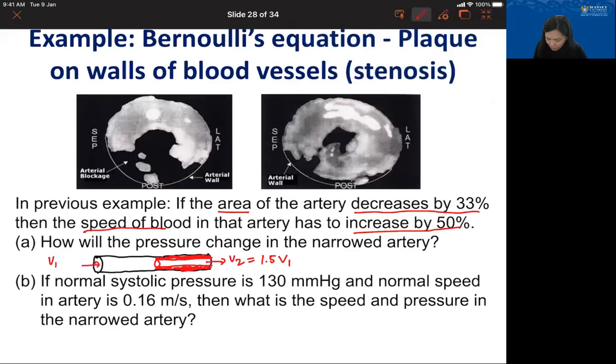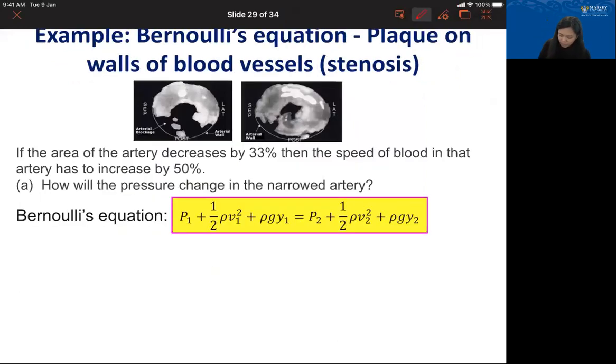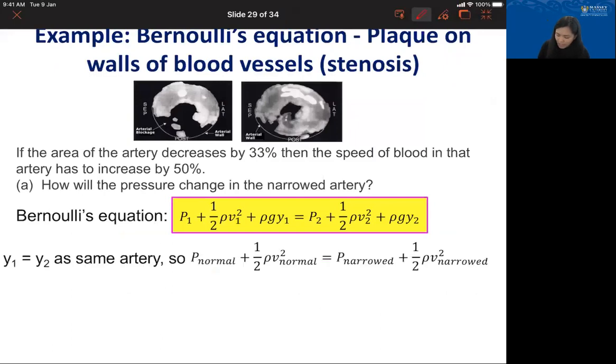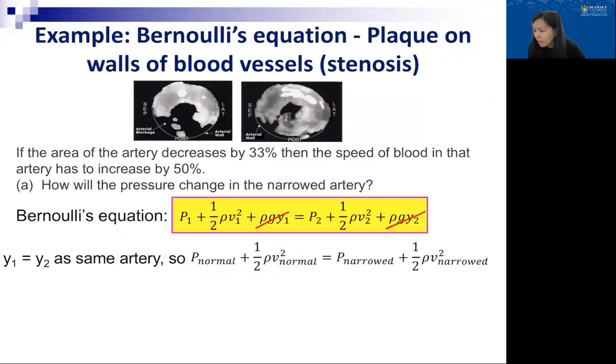Right? Let's look at Bernoulli's equation. It's the whole thing there, but the elevation's the same, so yeah, we can get rid of that term. So it's the same artery. You have this normal pressure on one side that accounts for the normal speed, and then you have the narrowed pressure there.